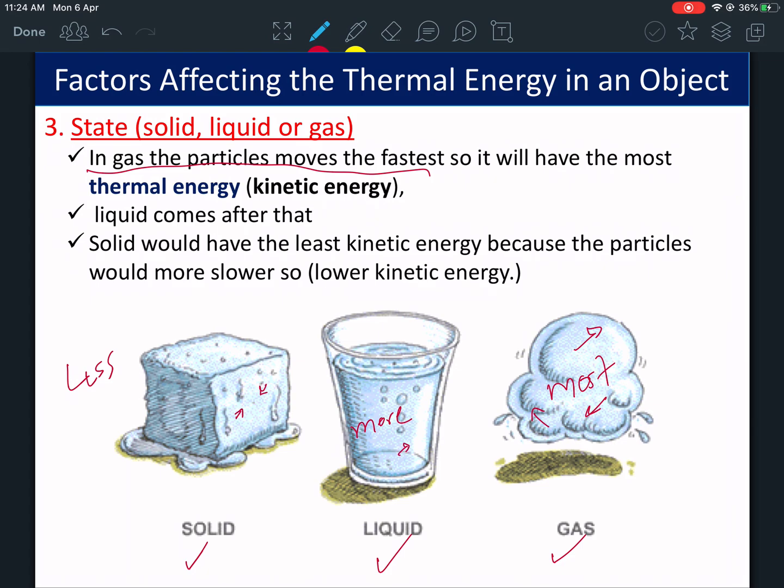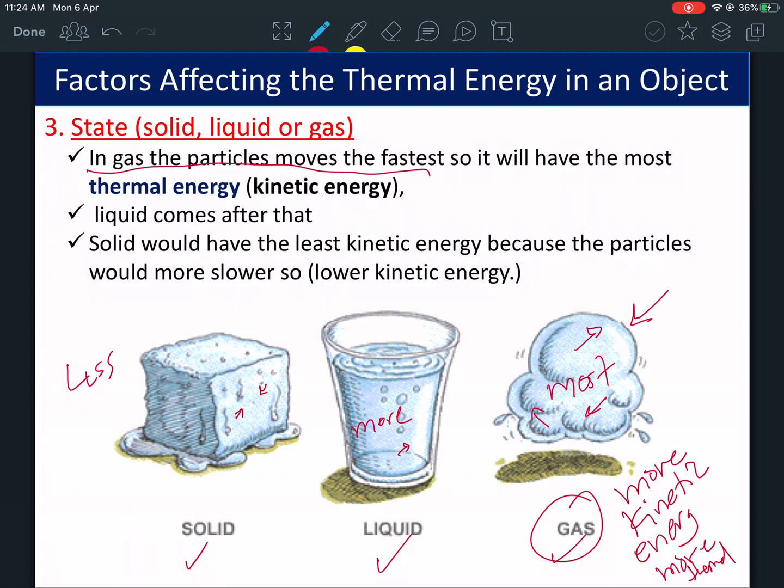They move the fastest here. So the gas has more kinetic energy, and that means it has more thermal energy. More kinetic means more thermal, so the most is the gas, and then the liquid comes after that. Solid would have the least kinetic energy because the particles would move slower.